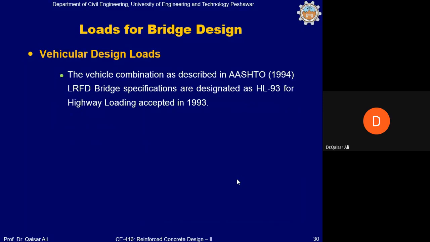So the load and resistance factor design, this strength design method, is called the LRFD method in bridges. Otherwise, the two approaches are exactly the same. LRFD and strength design methods, though the names are different, the approach is the same. The LRFD bridge specifications are designated HL93 for highway loading, accepted in 1993.